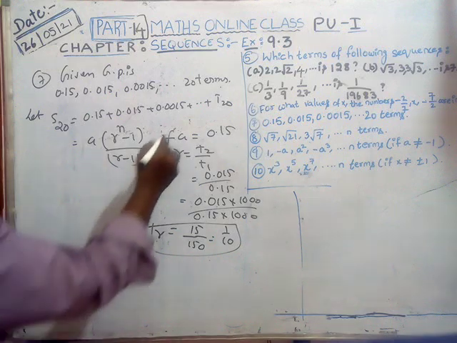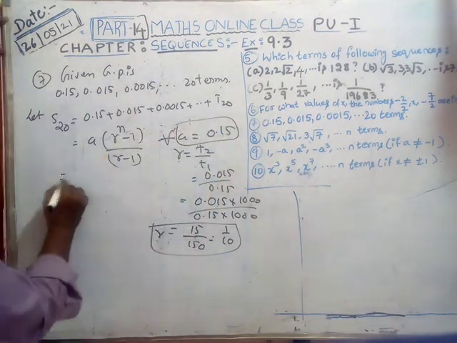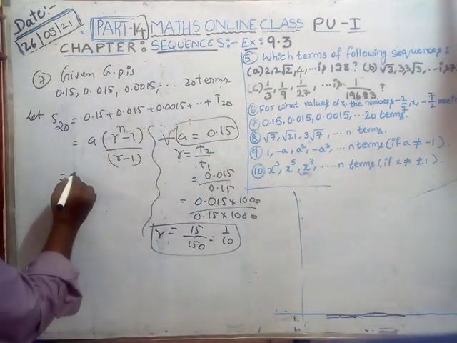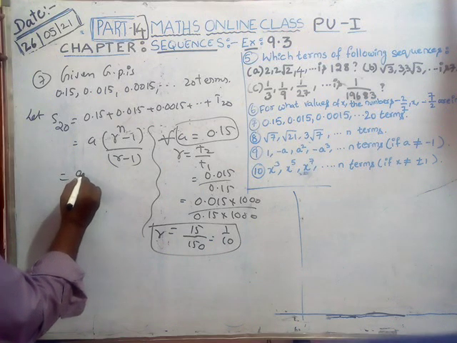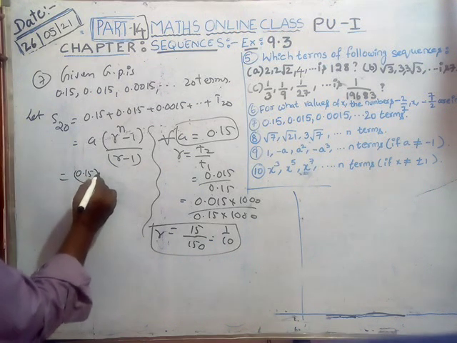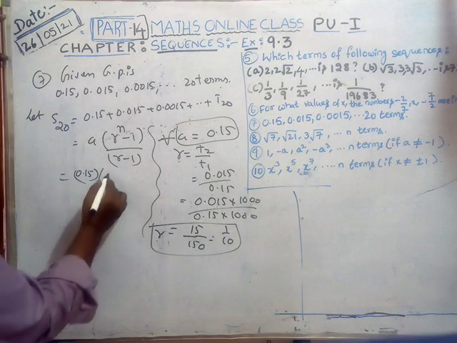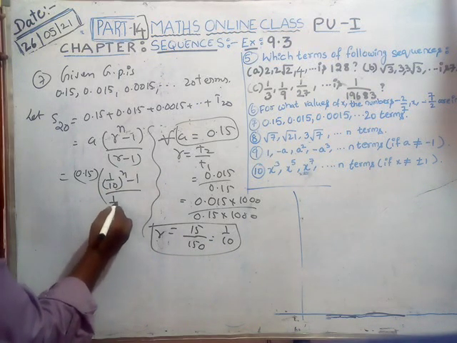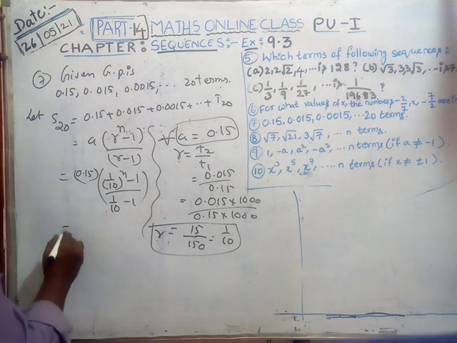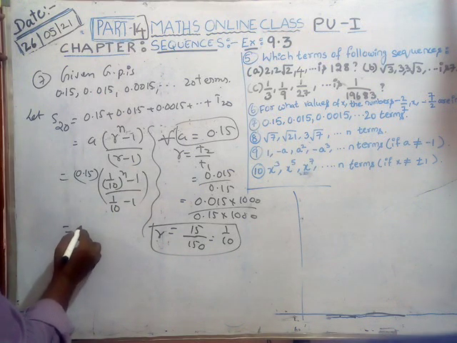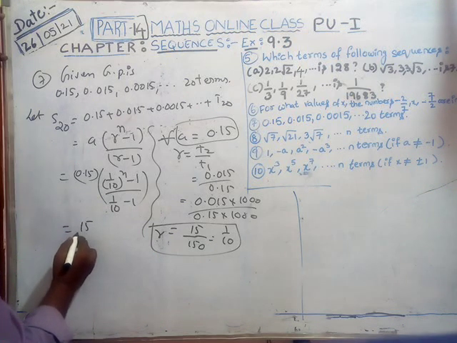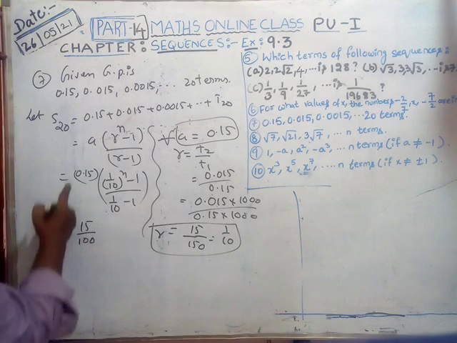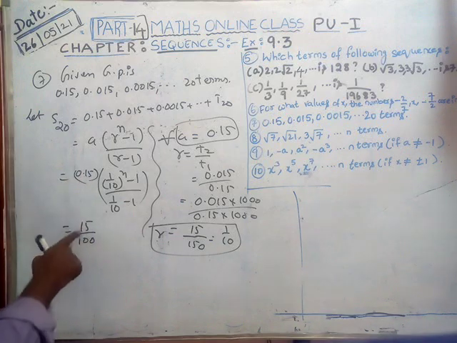This is A. Now we substitute here. A is 0.15 and r is 1 by 10, so 0.15 by (1 by 10) power n minus 1 by 10 minus 1. 0.15 means 15 by 100, will you agree? Two digits are there.